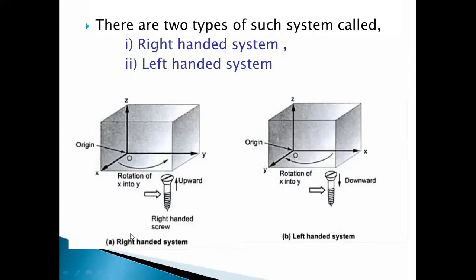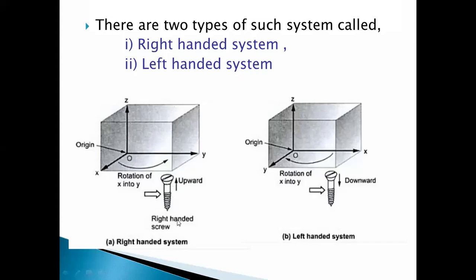In the right-handed system, the x, y, and z coordinates are shown, and we are rotating in the anti-clockwise direction.